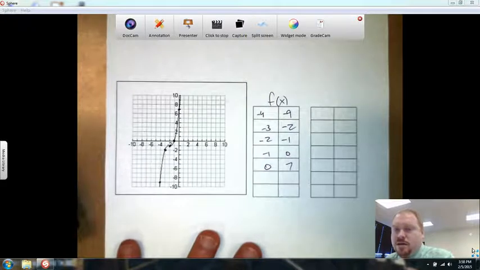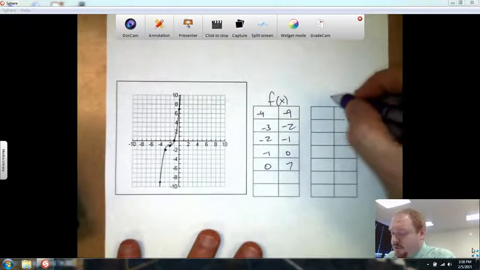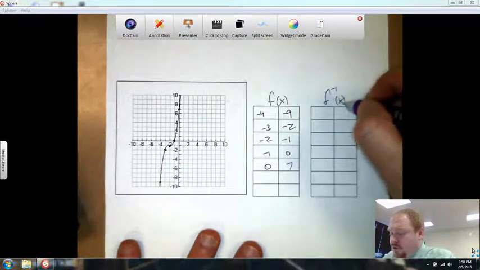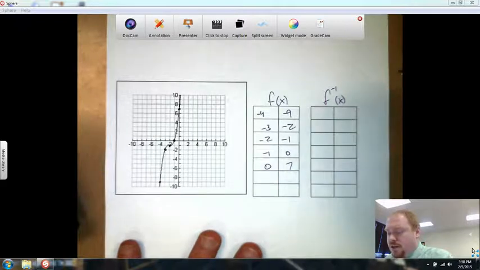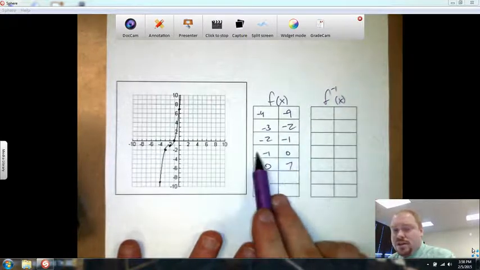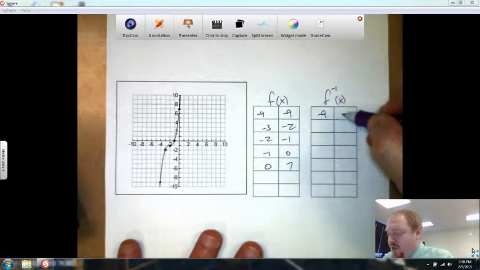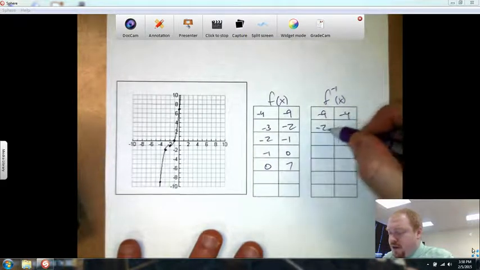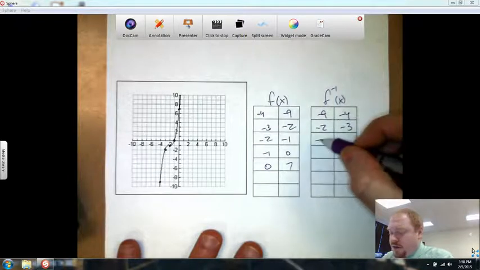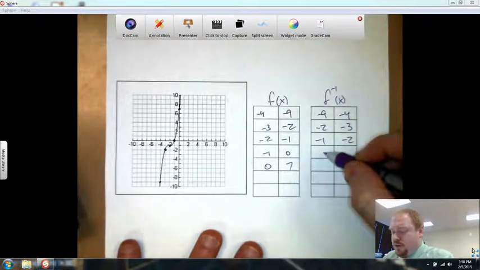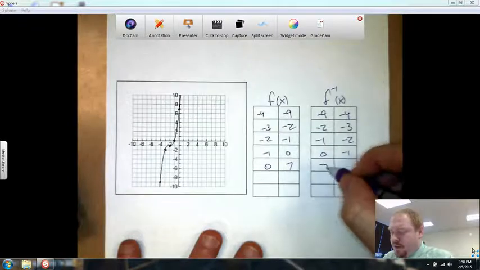Now, to find the inverse, all I'm going to do is reverse these points: (-9, -4), (-2, -3), (-1, -2), (0, -1), and (7, 0).